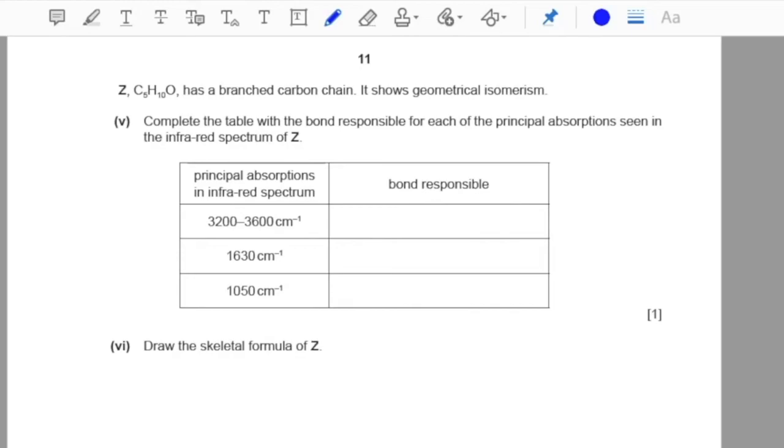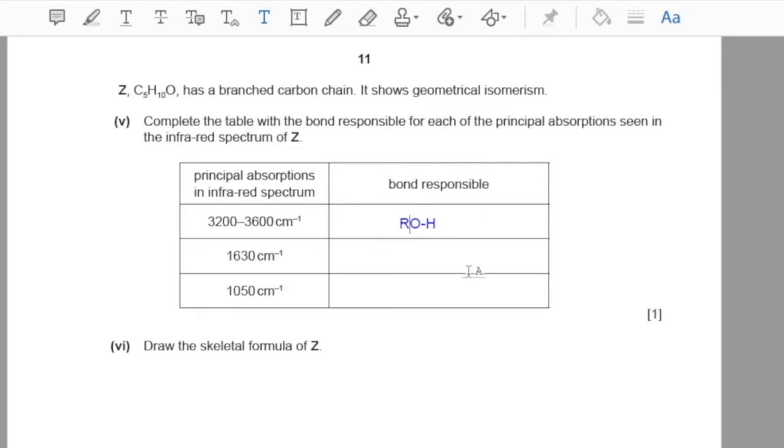Part 5, Z, C5H10O, has a branched carbon chain. It shows geometrical isomerism. Complete the table with the bond responsible for each of the principal absorptions seen in the infrared spectrum of Z. So when you open up your chemistry booklets, you will see that the bond responsible for 3200 to 3600 per centimeter peak on the infrared spectrum is the hydroxyl bond, which is OH.